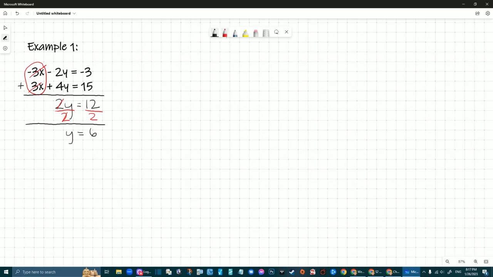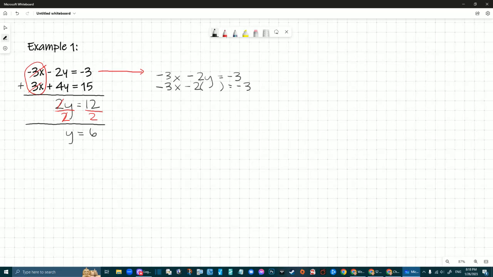To do that, we're going to grab that first equation and we're going to substitute in our answer. So our first equation is -3x minus 2y equals -3. And then I have an answer for y, so I'm going to rewrite this equation, leave a placeholder for y, and then make that substitution.